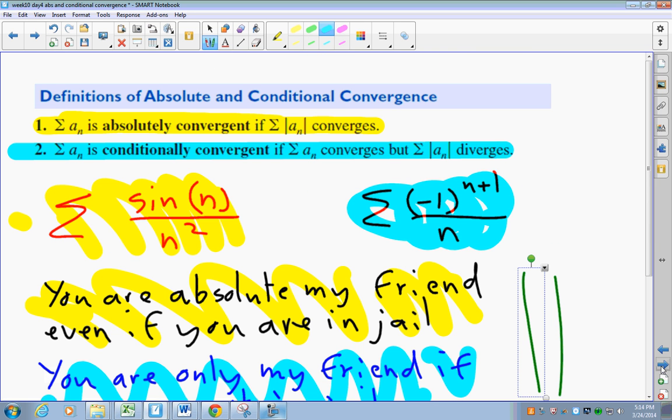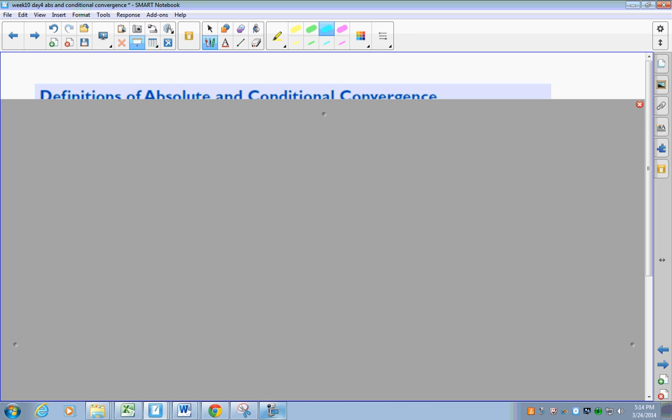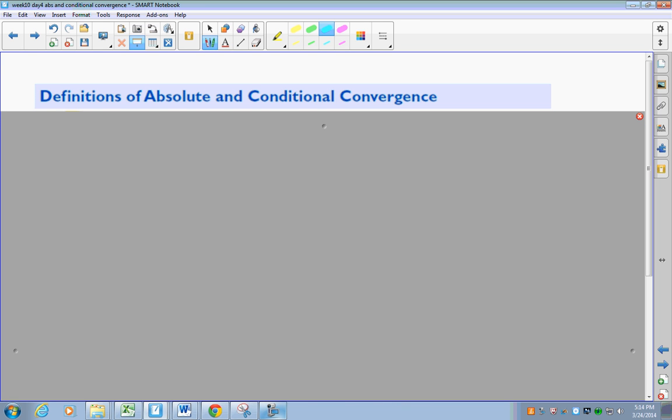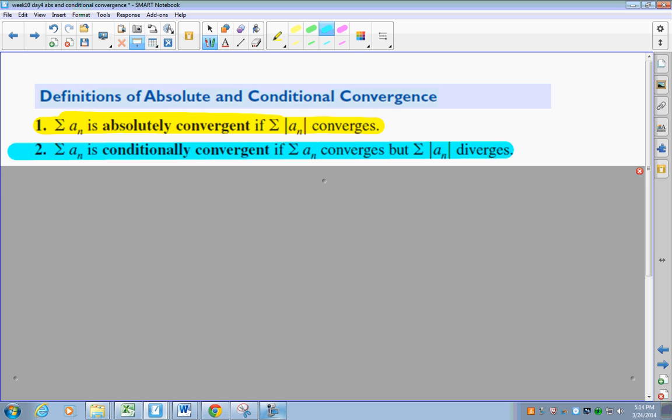There are two different types of convergence. There's absolute convergence, which I kind of just talked about, and then there's conditional convergence. Here are the two definitions. The series absolutely converges if the absolute series converges.